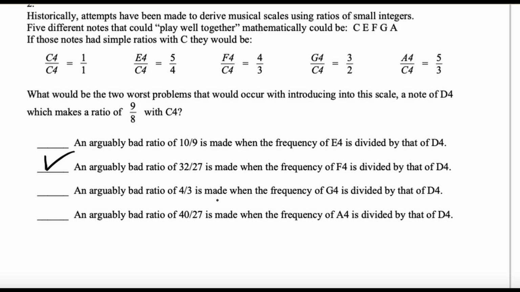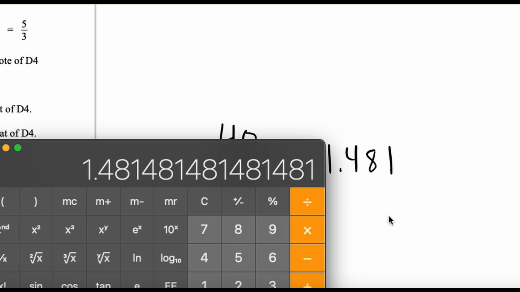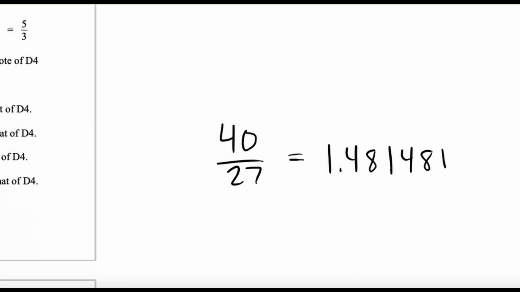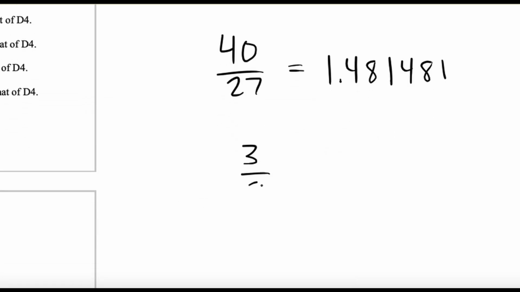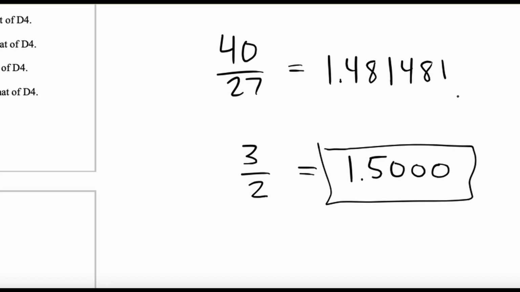But dividing A4 by D4 created 40 over 27, which is arguably a problem because of the size of the integers. And just to see what it would be, 40 over 27 makes 1.481, which is almost a perfect fifth. A perfect fifth would be 3 over 2, which is 1.50. This is what people want to hear, but this is what people would hear if they had used that key in their instrument.